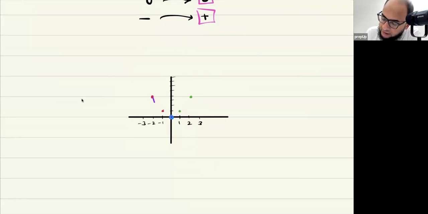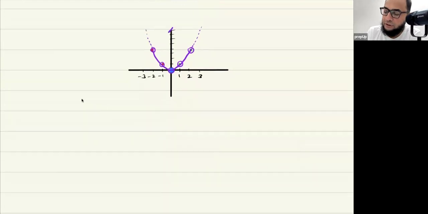This is not an exact scale, keep that in mind. So this is 1 point, this is second point, this is third point, this is fourth point, this is fifth point. And if I keep on going, the graph will go up like this. So this is y, this is x. Now let me draw it again, and this time without the points.